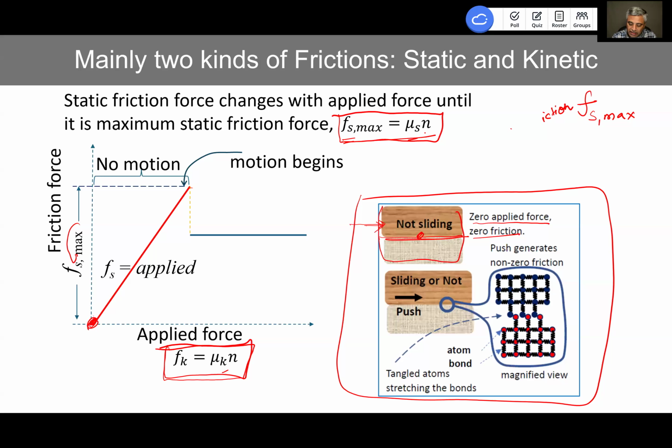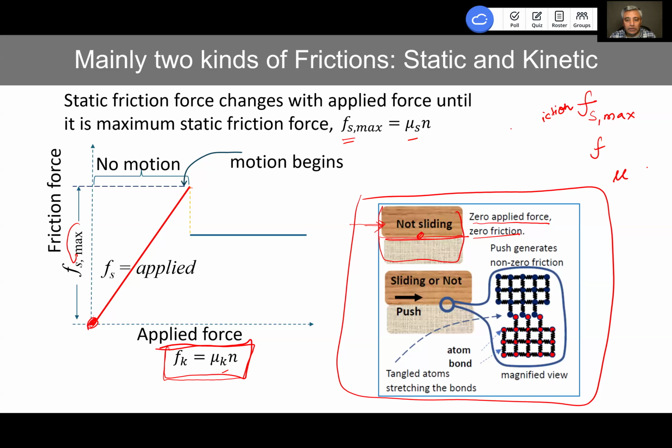Hopefully you understand that. And now, rather than giving you the friction force in the problem, you may be given the friction coefficient. It may say, okay, the friction coefficient is this much. Is it static or kinetic? You may have to determine it yourself. Sometimes you may be told.